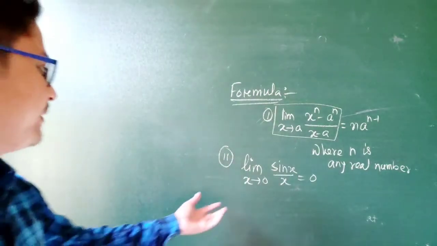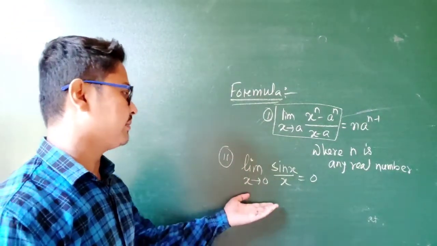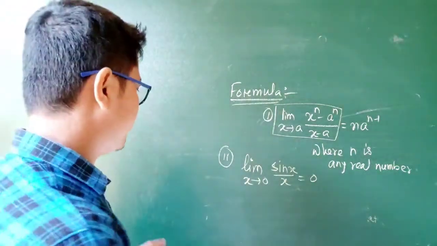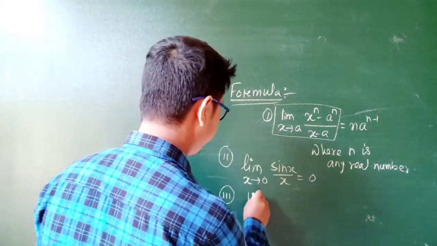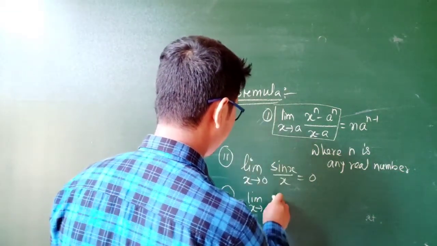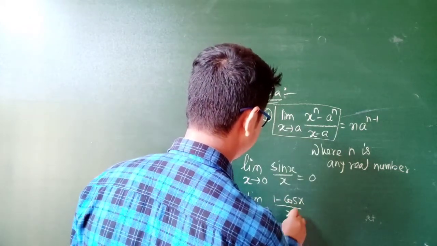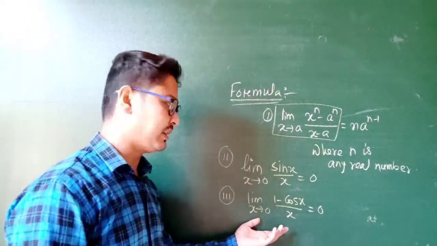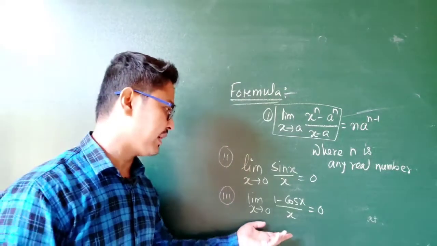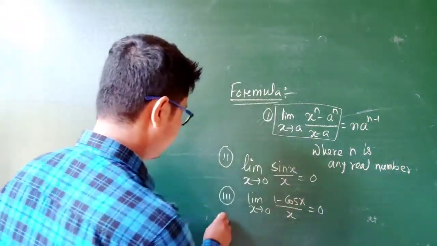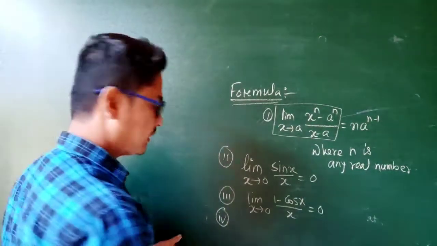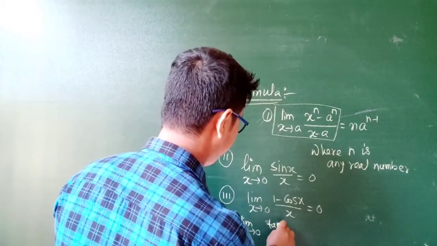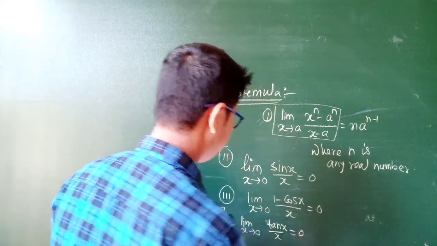If you get this kind of term in an equation, you can directly write the answer 0. Formula number 3 is limit x tends to 0 1 minus cos x divided by x equal to 0. Again, if you get this kind of structure in a problem of limit, you can directly write the answer equal to 0. And formula number 4 is limit x tends to 0 tan x by x is equal to 0.